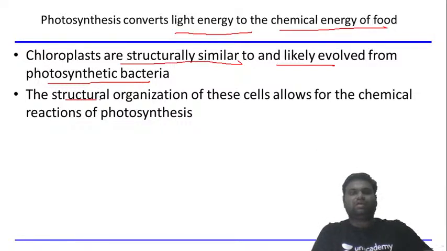The structural organization of these cells allows for chemical reactions of photosynthesis. तो क्लोरोप्लास्ट का जो एवोल्यूशन हुआ है वो एक फोटोसिंथेटिक बैक्टीरिया से हुआ है, क्योंकि वो स्ट्रक्चरली सिमिलर है, ऐसा कहा जाता है.